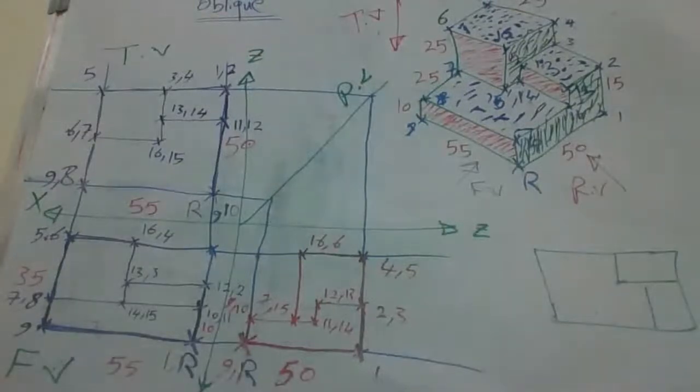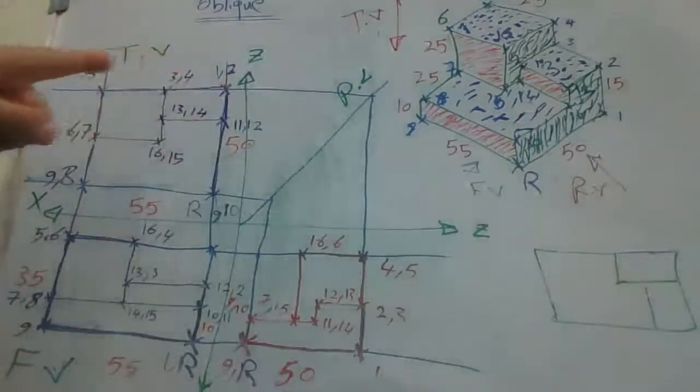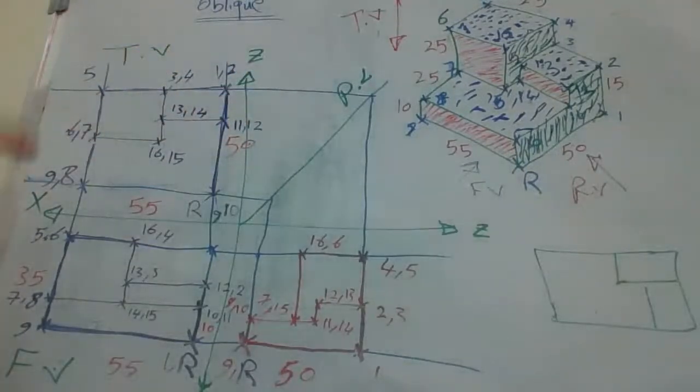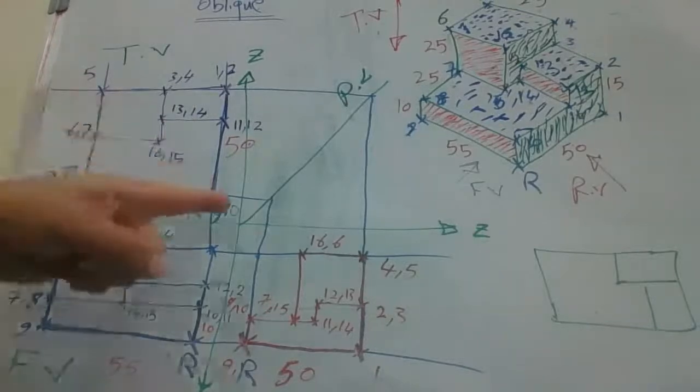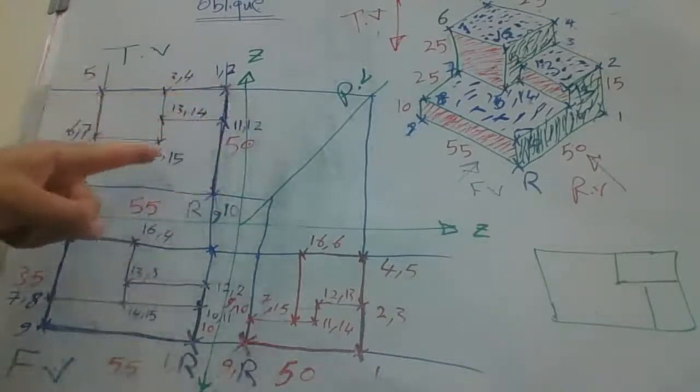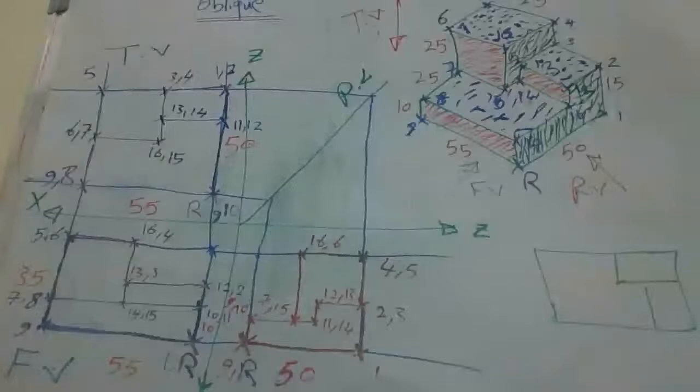Let us go through all points: 1, 2, 3, 4, 5, 6, 7, 8, 9, 10, 11, 12, 13, 14, 15, 16. All points appear here in the top view, and we reach the final stage of our drawing, the projection of a regular shape.